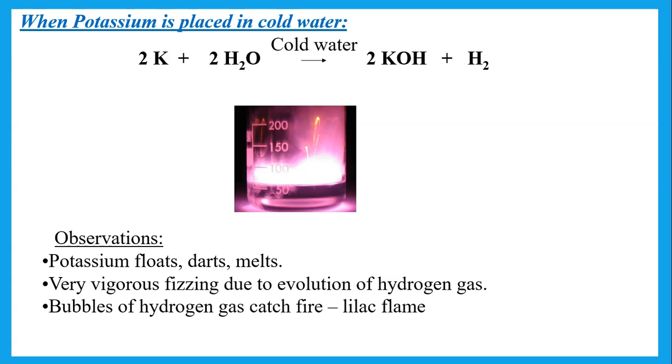To give potassium hydroxide plus hydrogen. That means it is giving off bubbles of gas. These bubbles push the piece of potassium around, and as the potassium reacts, it starts to disappear, or we say it melts. Potassium is very reactive, so the fizzing is very vigorous, and the bubbles of hydrogen gas catch fire. And remember that when potassium catches fire, it gives a lilac flame. This shade of purple is called a lilac flame.